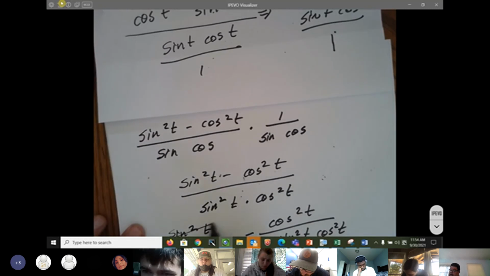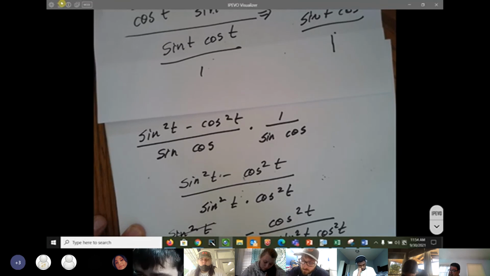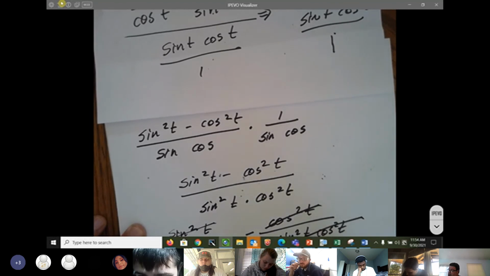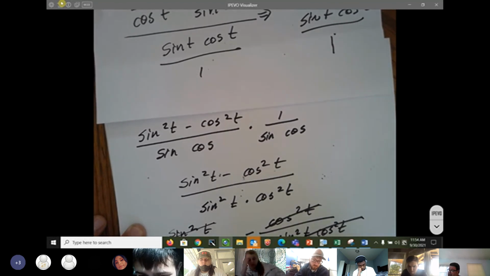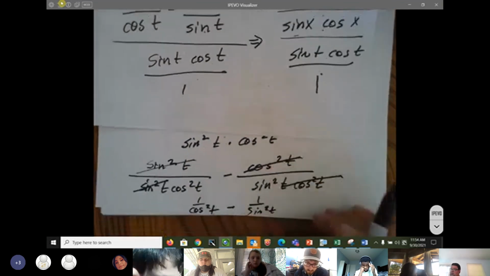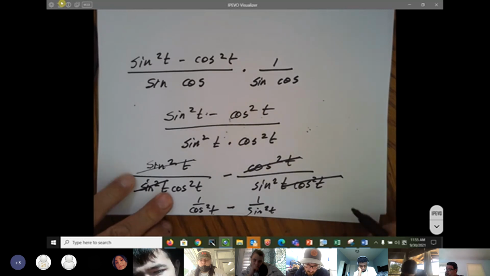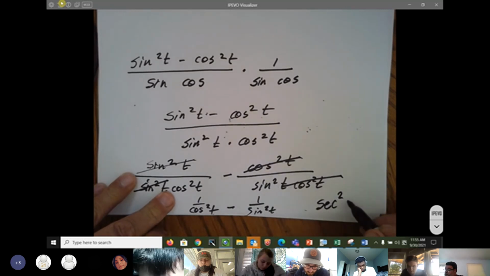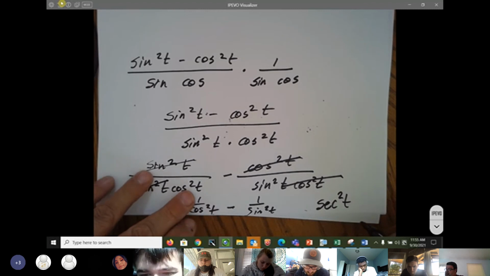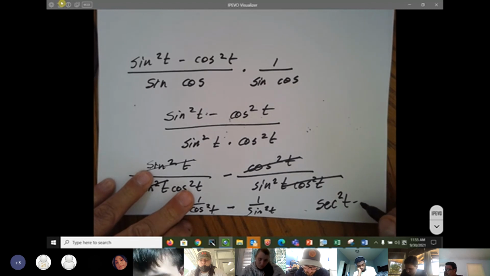And that's going to cancel that out and leave 1 over cosine squared t minus, that cancels that out, 1 over sine squared t. And what's 1 over cosine squared? 1 over the cosine is equal to the what? Secant squared? Yes. And 1 over the sine is the cosecant squared.